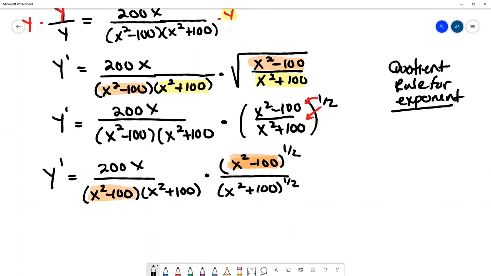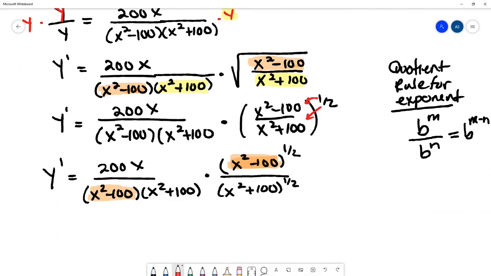This is an algebra property of exponents. So we use it if we have base b to the m over base b to the n. If we're dividing with the same base, we subtract the exponents to simplify. So this will give us b to the m minus n.